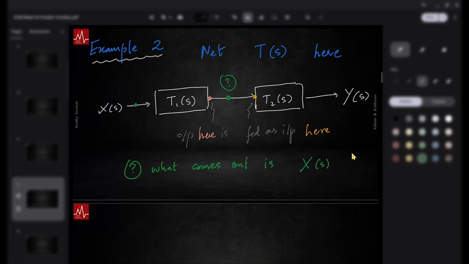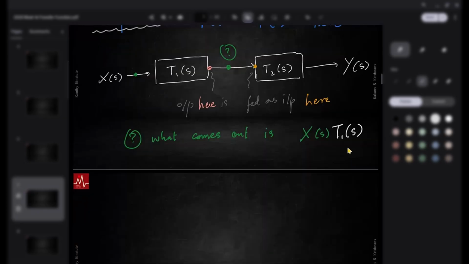x of s, T1 of s. Now that is fed to the second system. The output y of s, your input, goes to the second transfer function.